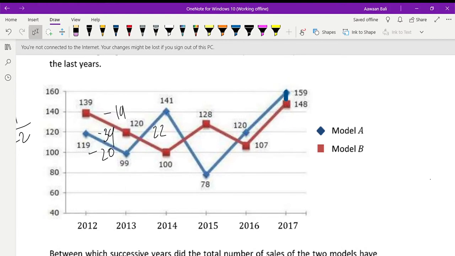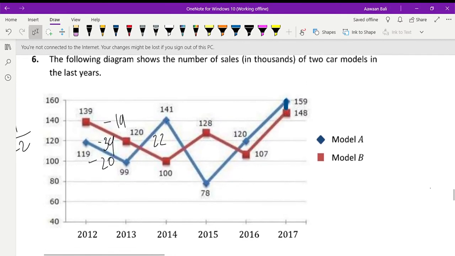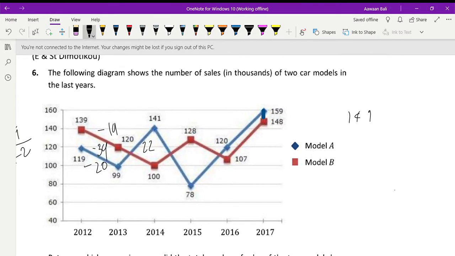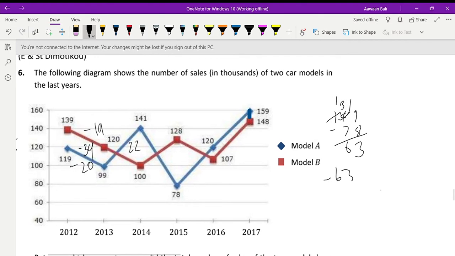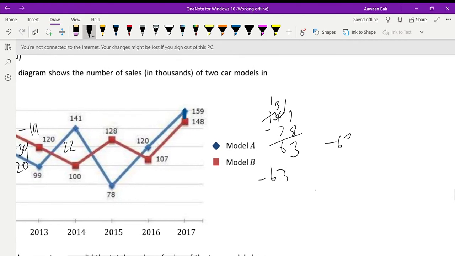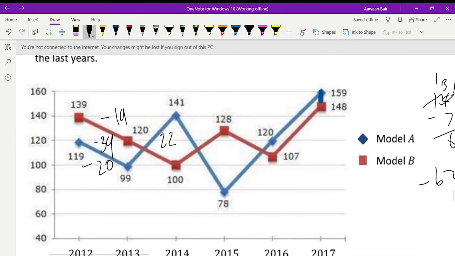And then we have 2014 to 2015. The negative here is really big, minus 63. And then we only have a plus 28, so minus 63 plus 28. Oh, yeah, so basically 63 minus 28, you could say, 35, so we got minus 35 for this.